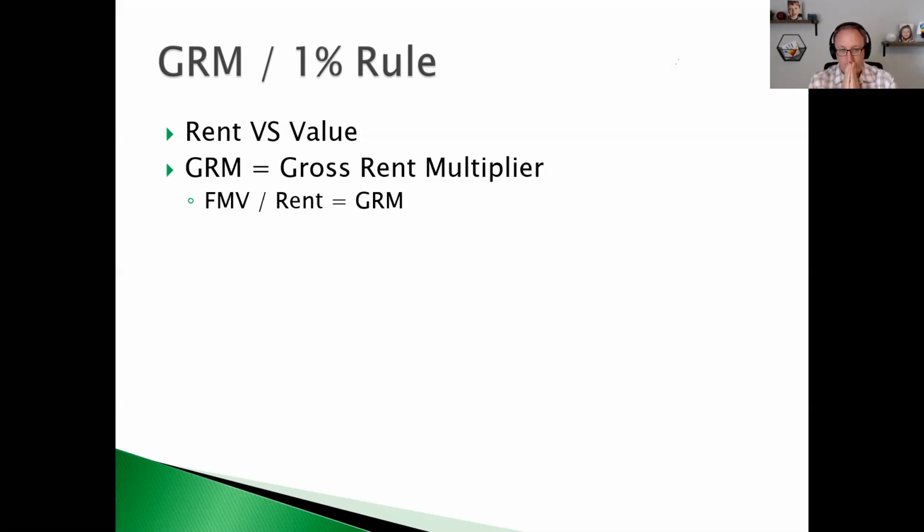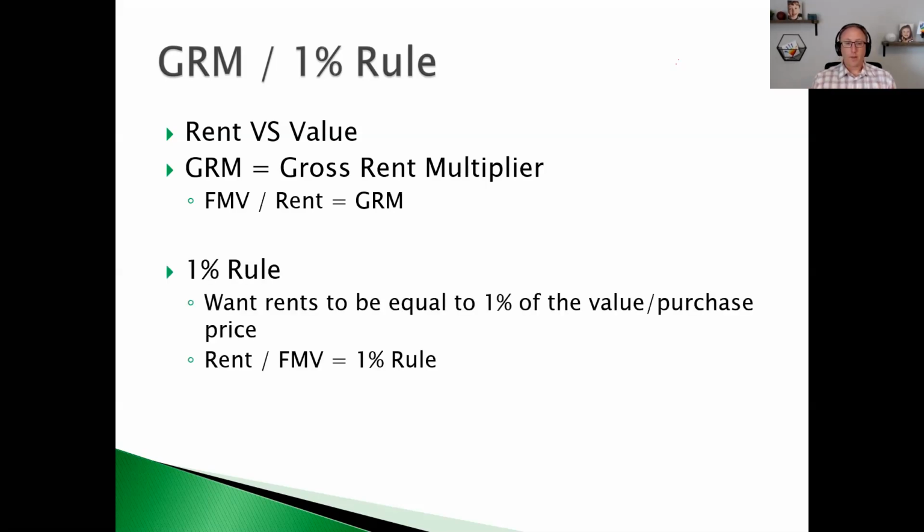For a gross rent multiplier, we're going to look at the fair market value divided by the rent equals the GRM. For the 1% rule, again, we want the rents to be roughly 1% of the value or the purchase price. If you notice here, the rent is on the bottom, the second part, and then down here for the 1%, it's the first part.